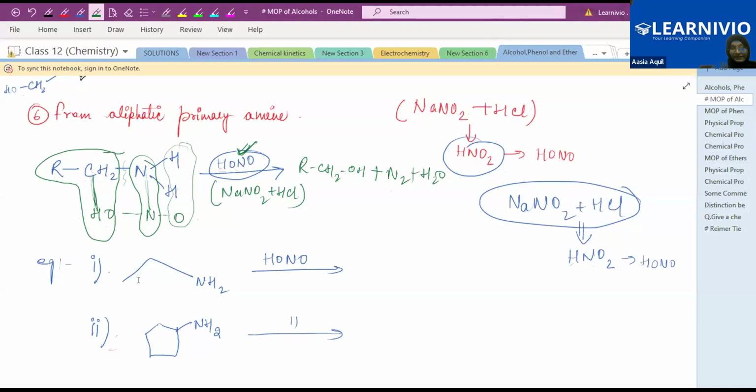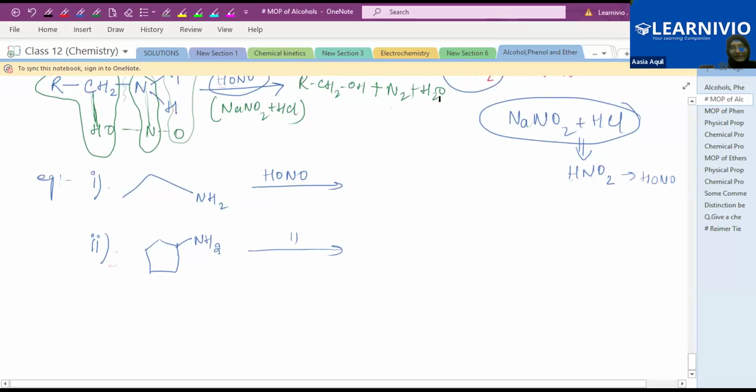See these examples. Do this example quickly. This is the carbon. What you are supposed to do is just break this bond, and what will attach to this carbon? OH. This nitrogen will be liberated as N2, and H2O forms.